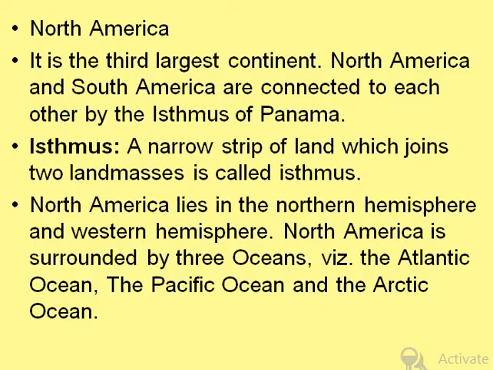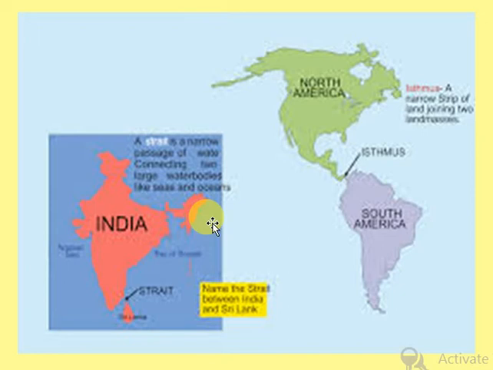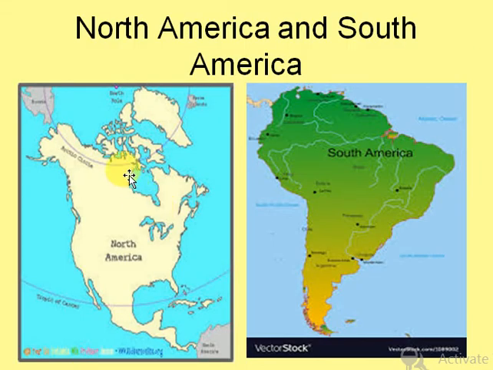So this was about the isthmus, a narrow strip of land which joins two land masses. North America lies in the northern hemisphere and western hemisphere. North America is surrounded by three oceans: the Atlantic Ocean, the Pacific Ocean, and the Arctic Ocean. Look at the picture.